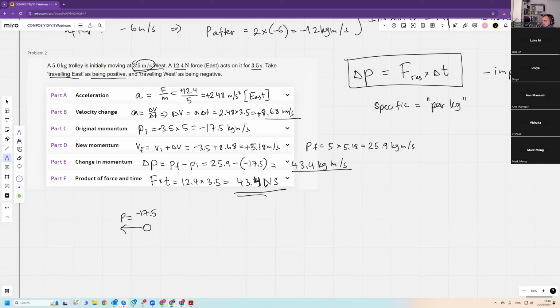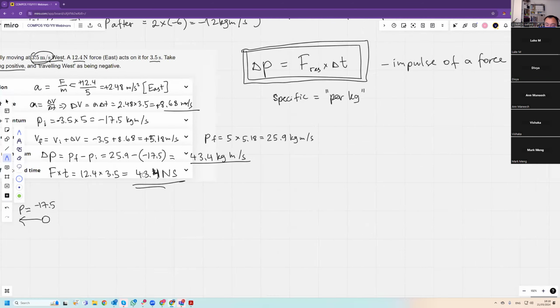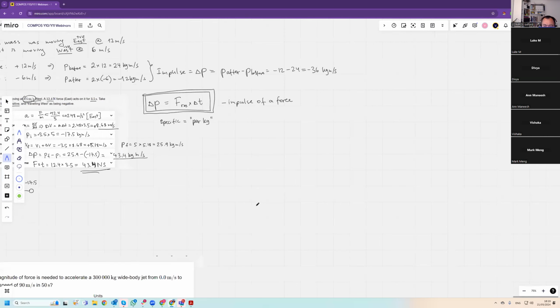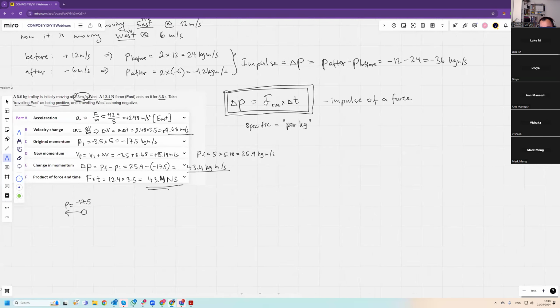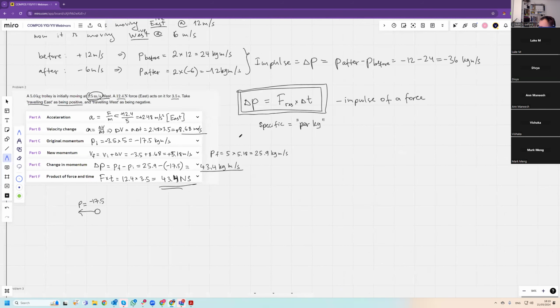Kilogram meters per second and Newton seconds are the same thing. So you can see that indeed this equation holds. The change in momentum is force multiplied by time. So it makes perfect sense. We can also prove that, but the proof of this formula is in the assignment, so I'm not going to do that.